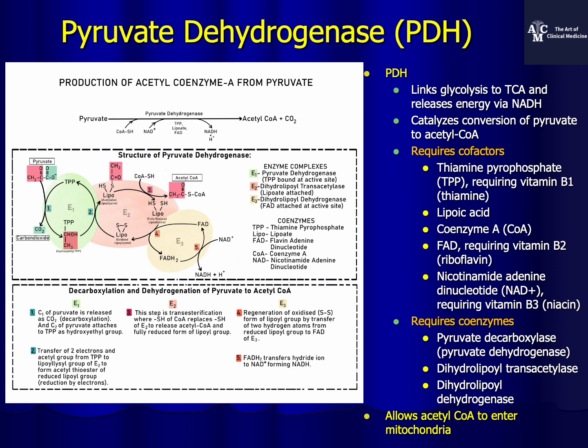The next phase is where the acetyl group goes into the fully reduced form. And then the final step in this process is the oxidized form of this whole complex, which then becomes acetyl-CoA. Carbon dioxide is released in this process, and the acetyl-CoA can now enter the Krebs cycle, or the TCA.